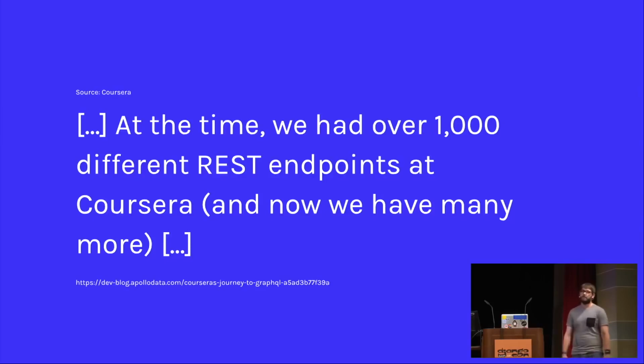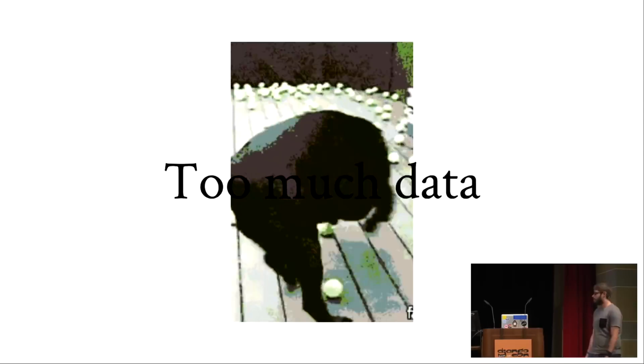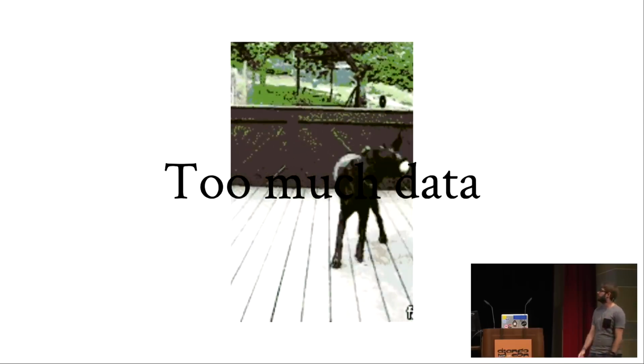And also you have to maintain documentation, because if you have to use this API in a mobile application, you need to know all the different endpoints and the way you can fetch data. So you might say, I have a simple API, so I can just return all the data. But then you end up doing requests that return too much information.